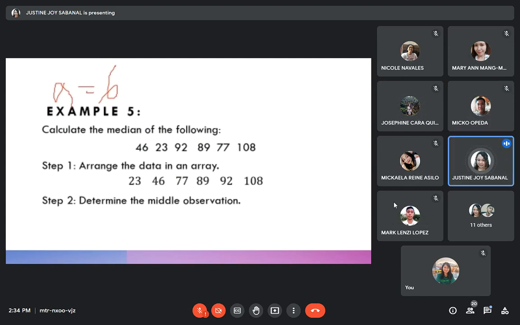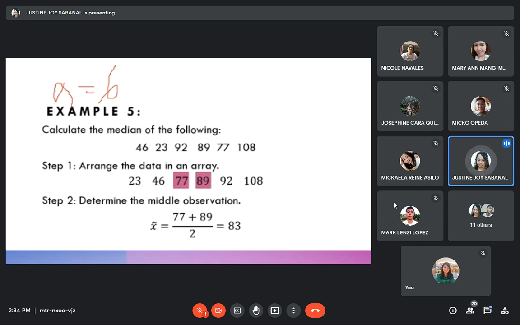Pero hindi po natatapos doon yung pag-compute natin ng exact value ng median. Pag na-determine nyo na yung dalawang nasa gitna na value, kailangan nyo po yung i-add, tapos i-divide nyo yung sum by 2. So, we have 77 plus 89 divided by 2. Ang value po natin ngayon ay equivalent na sa 83.